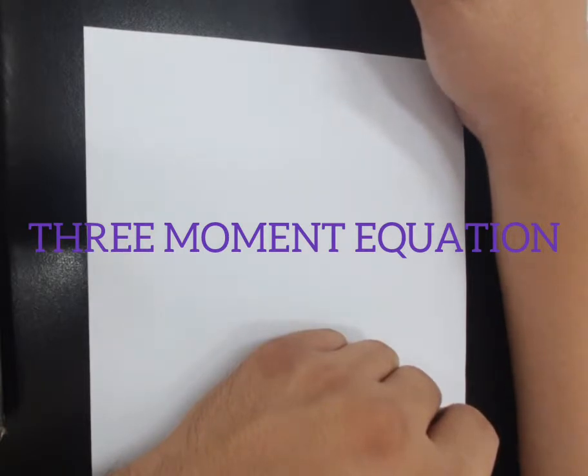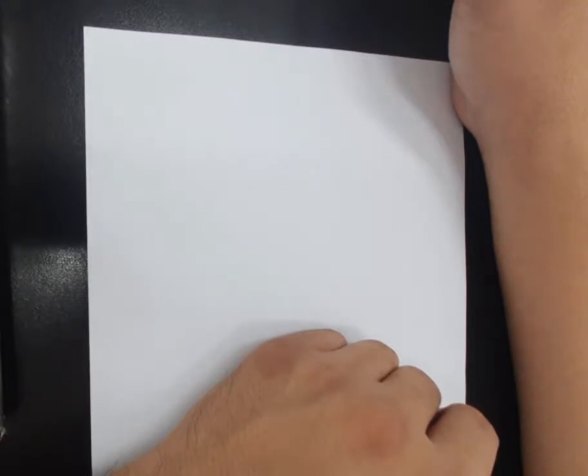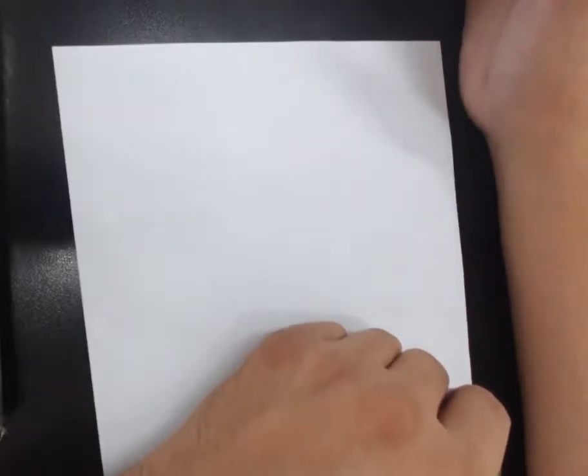When you say determinate, you can compute it with the three static equations: summation of forces vertical, summation of forces horizontal, then summation of moment. But if the three are not enough to prove that the structure is stable, then the structure must be indeterminate. Okay.